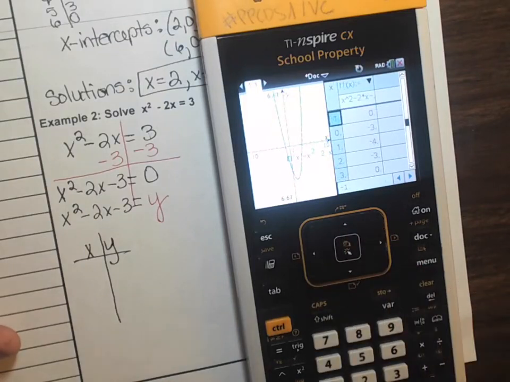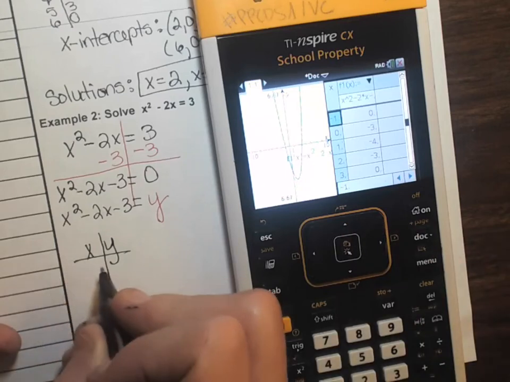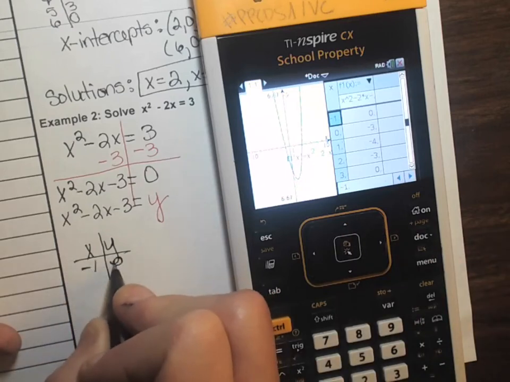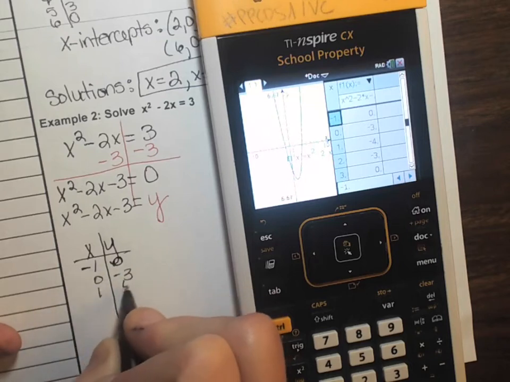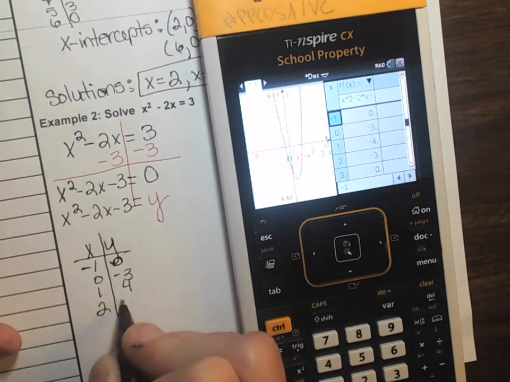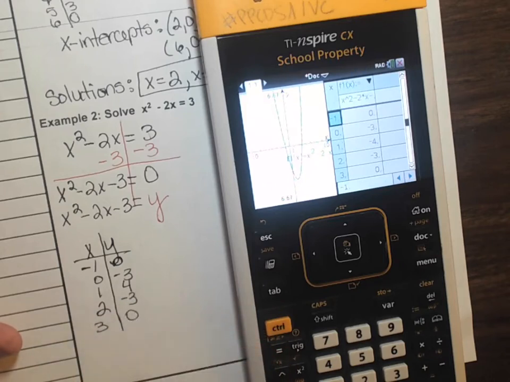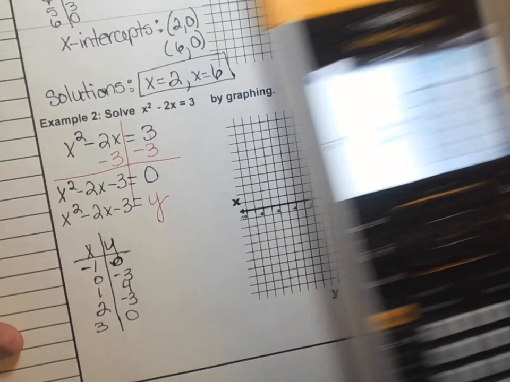And remember, you need to get points on both sides of your graph. So I'm going to pick -1, 0, 0, -3, 1, -4, 2, -3, and 3, 0. And again, please remember you need a minimum of 5 points, and you need to see both sides of your parabola, on the left and on the right.